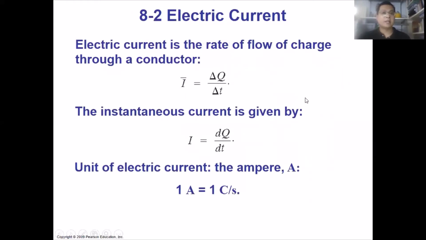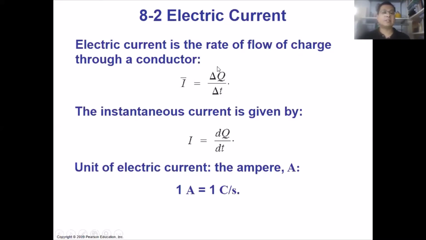Okay, if we refer to the formula of electric current, I is equal to Q over T. Q means charge, the flow of charge. We consider every 1 second.